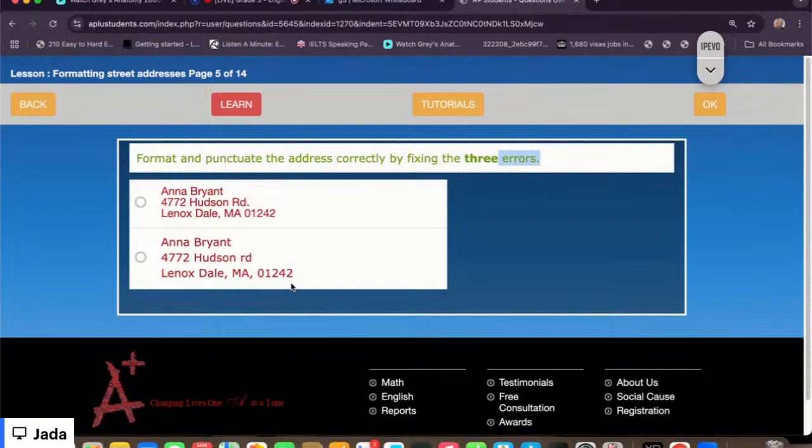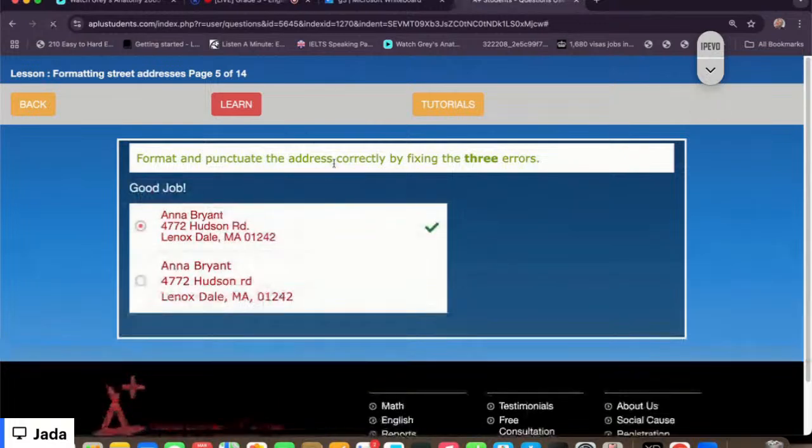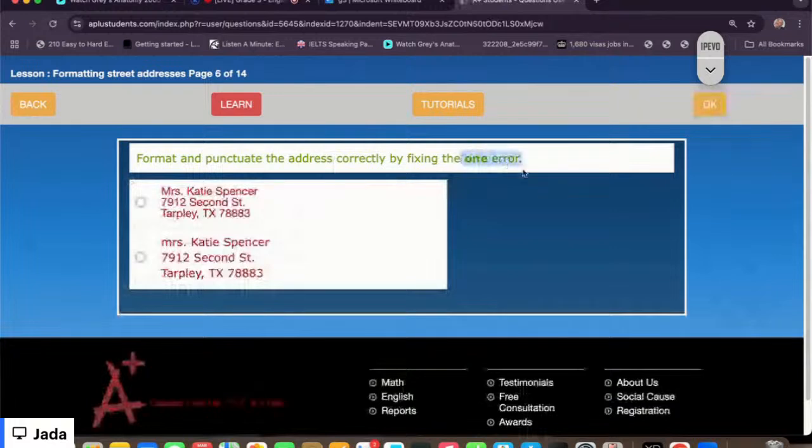All right, so the first one, because you do not put a comma after the ME. All right, so here you need to fix one error. What is the correct one here?